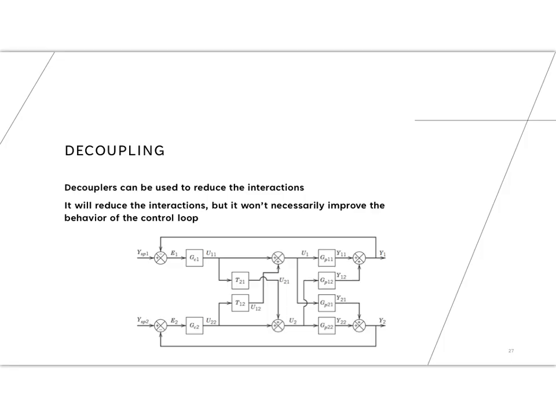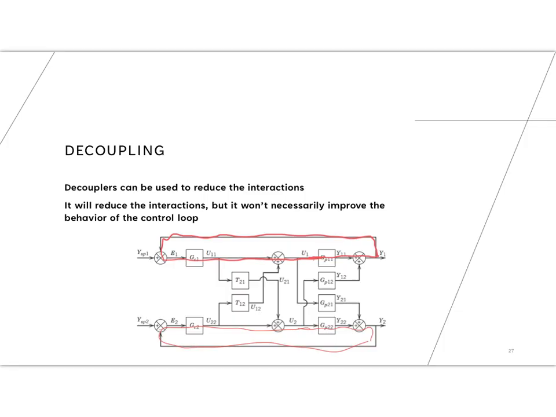Now remember that normally, if I'm controlling Y1 by changing U1, my primary loop would be this one. And I similarly would have this one down here for U2 to Y2.